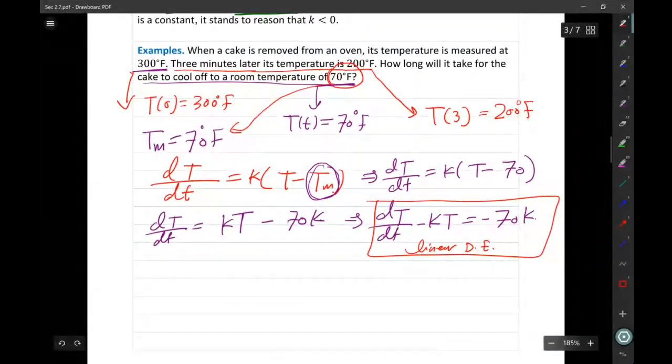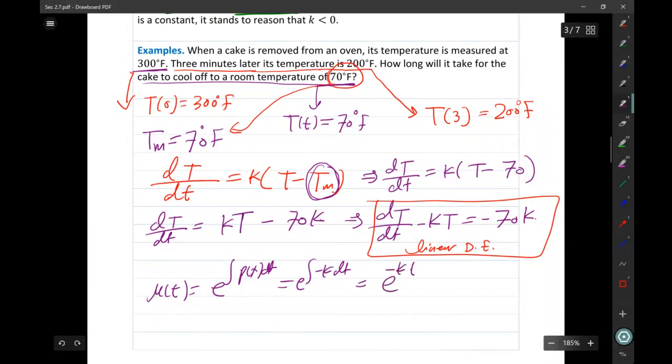Find the mu of t, e to the power integral P dt, which is e to the power integral of minus k dt, which is e to the power minus kt.